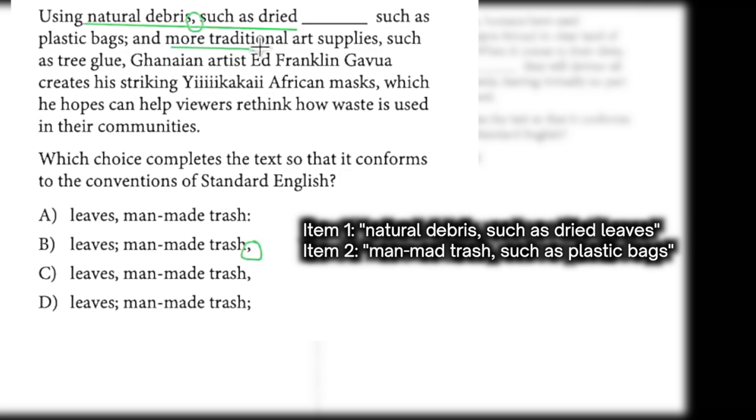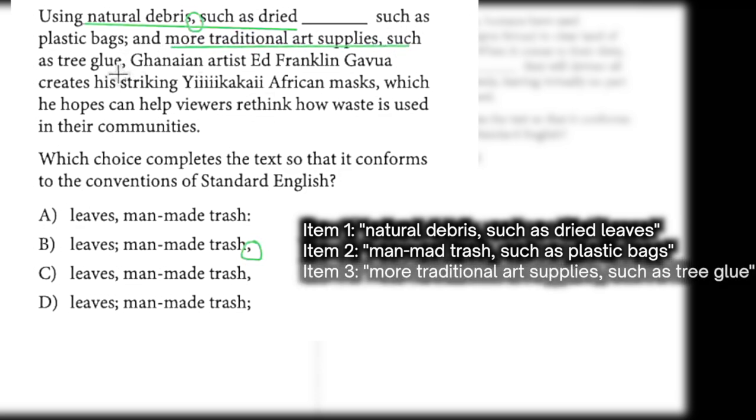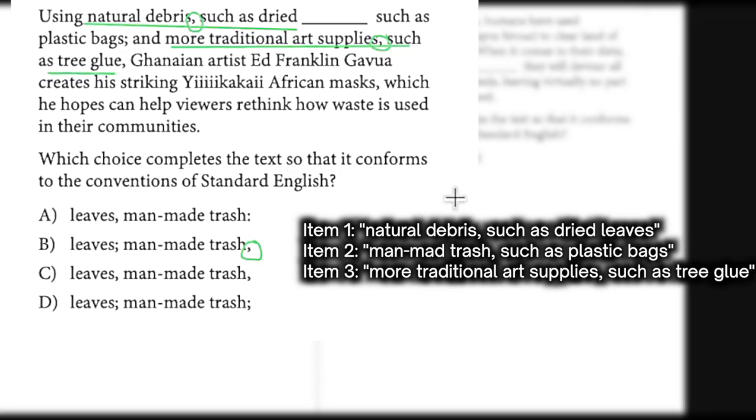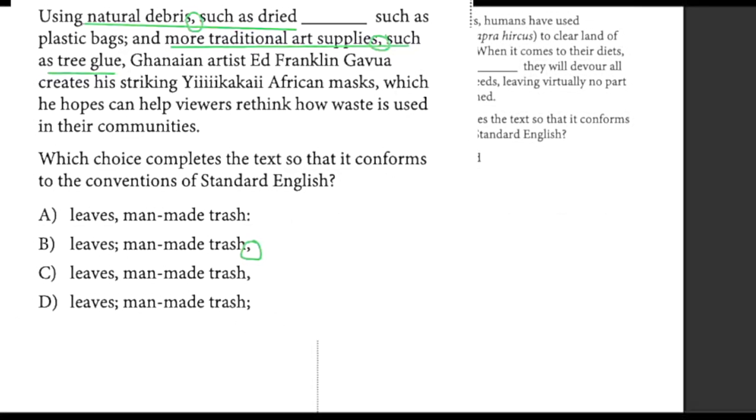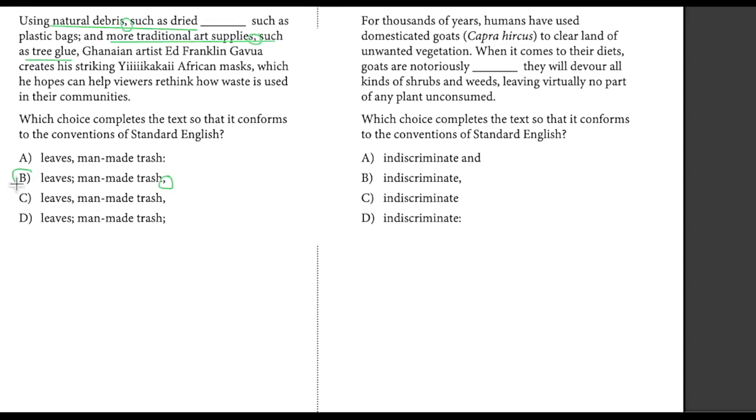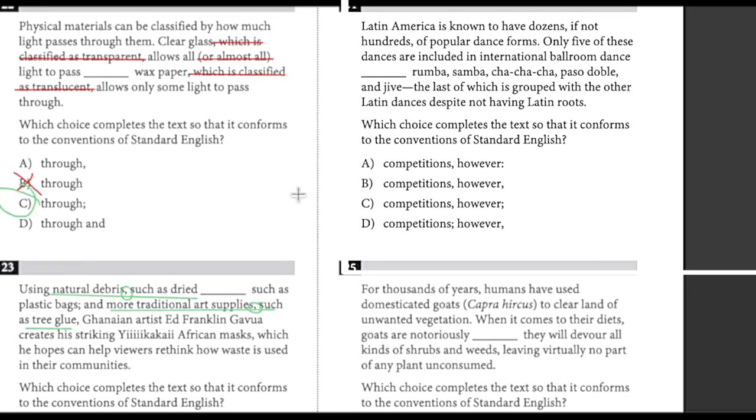And more traditional art supplies such as glue tree. So again, we have that comma. And I'm circling the commas because this is what's needed for us to justify using semicolons in our list instead of commas in our list. So basically, I want a semicolon. And where do I want the semicolon? I want it right there after leaves.